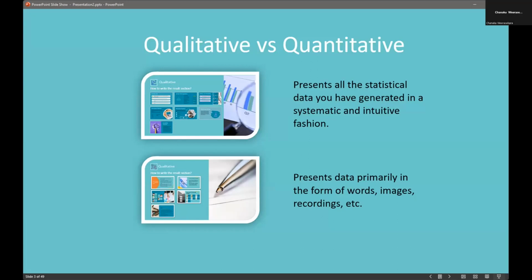Quantitative is on the surface, very narrow, while qualitative is going deep. But that is not the case we are going to discuss today. Anyway, we have to have an understanding of what exactly qualitative and quantitative are.